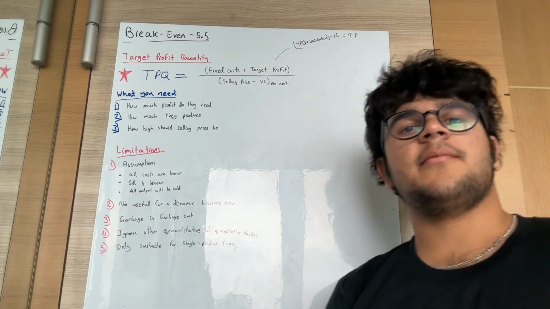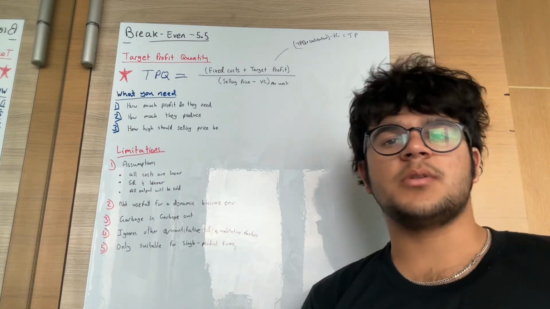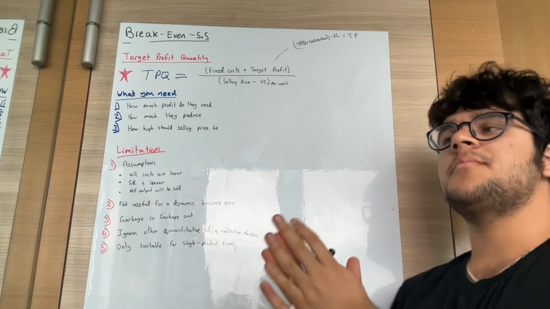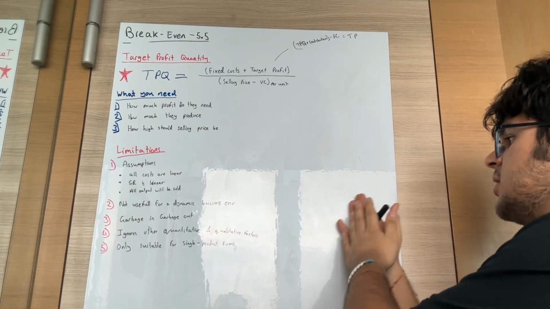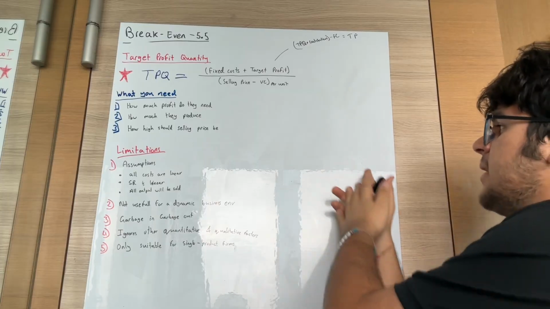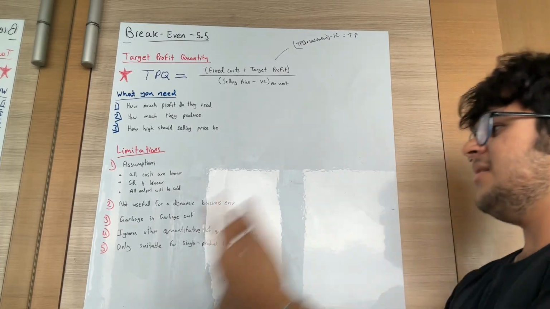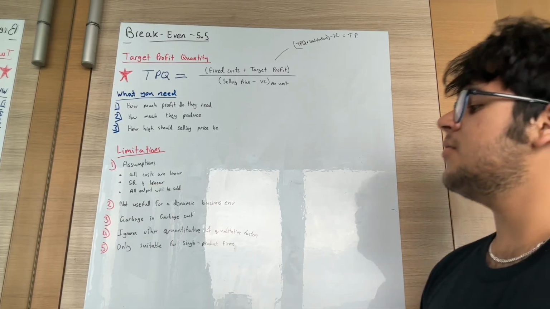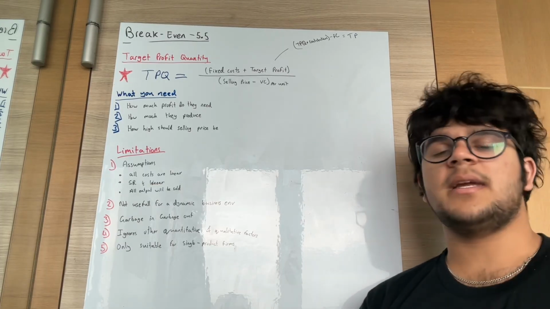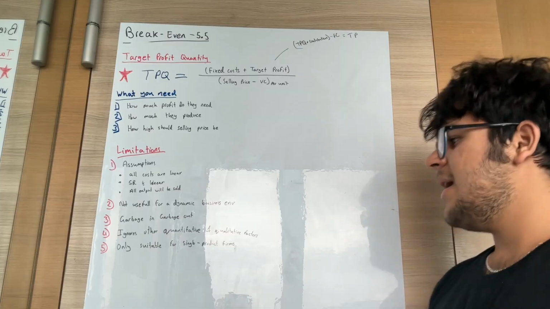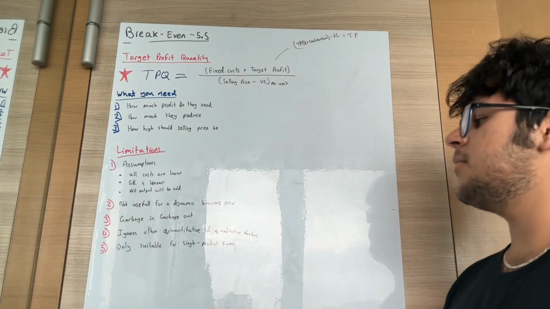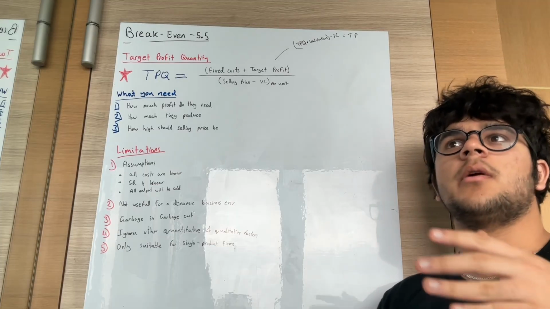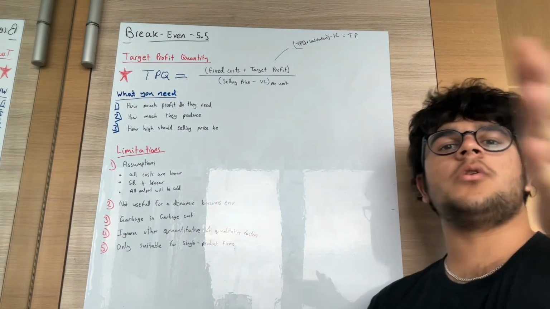And also, once again, for any kind of model and descriptive statistics, garbage in, garbage out. If I put bad data into my predictions, if I have bad research in my forecast, then the break even is going to be useless anyways. And fourthly, it ignores other quantitative and qualitative factors. And then it's also not suitable for multi-product firms, because it would be hard to associate your fixed costs.